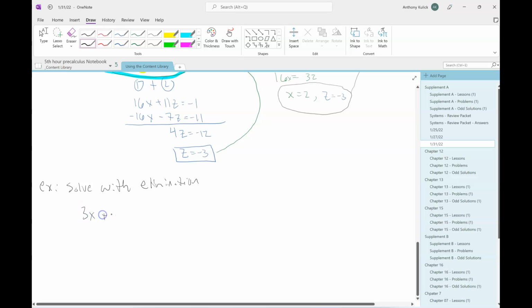So 3x plus y minus 2z equals 10. 6x minus 2y plus z equals negative 2. Then x plus 4y plus 3z equals 7.